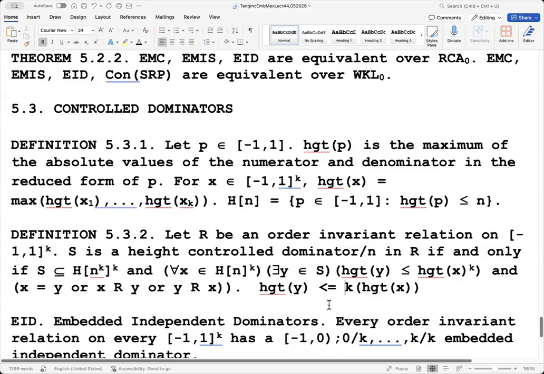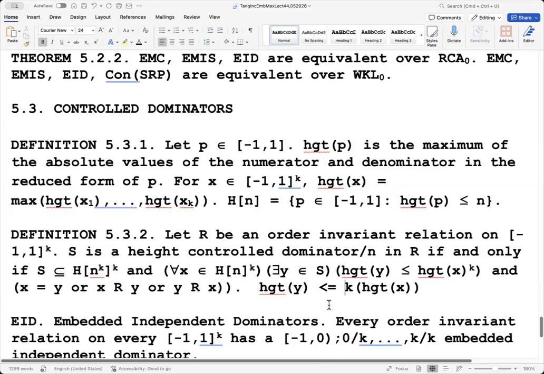And I want to make sure that the thing that dominates it has a height that's controlled. It's a controlled blow-up of height. Of course, if y is equal to x, we don't have any blow-up of height, but we might have it otherwise. So we have a controlled blow-up of height. That's what I mean by a height-controlled dominator.